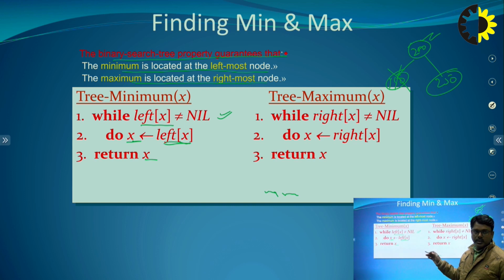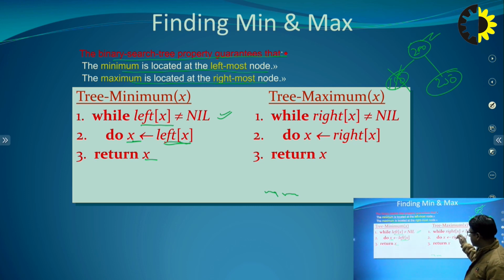If there is a subtree at the lowest level, then we can easily identify the minimum value just by seeing the tree. If you want to search manually, just by seeing the tree, we can identify it by finding the leftmost element, that is the left subtree. We can say that this is the minimum.